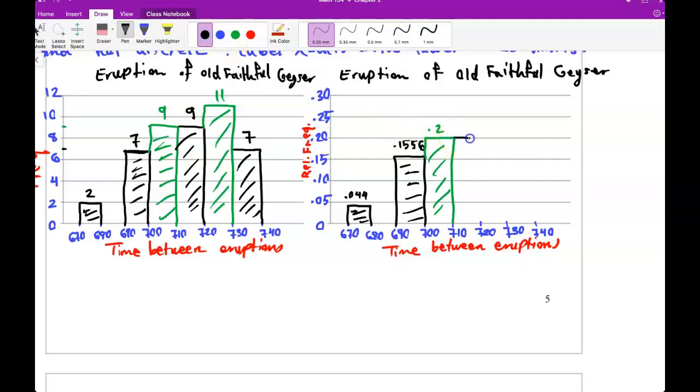Again 20%. Next one, 0.2444. And finally, 0.1556.